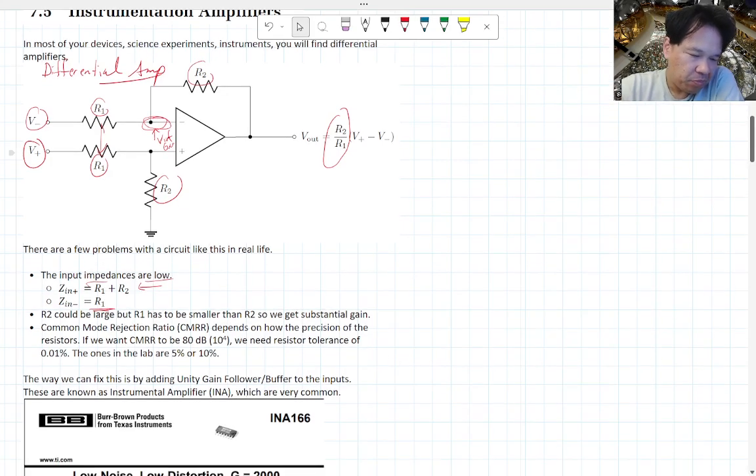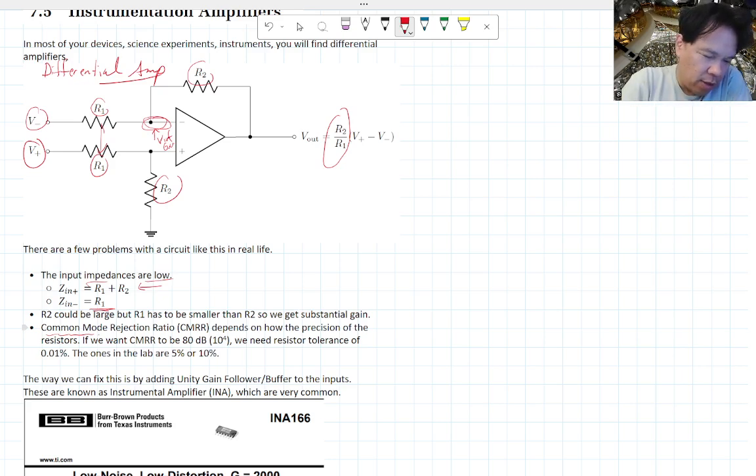This also goes to something that's going to be important, which is the common mode rejection ratio, which we'll discuss in the transistor version of this. The book gave an example: if you want this ratio to be about 10 to the 4, or about 80 decibels, you need resistor tolerances that are within 0.01% of each other.